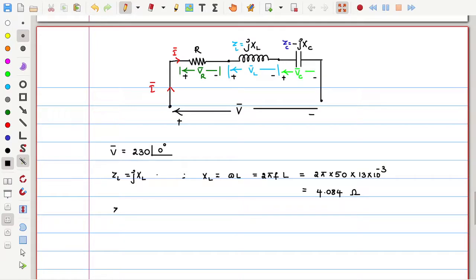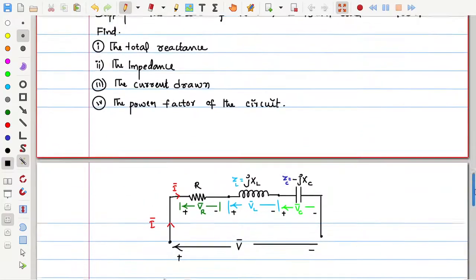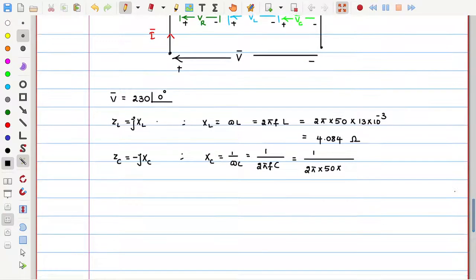Similarly, we will have the capacitive impedance, which is equal to minus jXC, where XC is referred to as the capacitive reactance, which is equal to 1 by omega C, and omega means 2 pi f. C is already there. Now substitute these values: 1 by 2 pi into 50 into C. How much is the C value? 140 microfarad. 140 micro means into 10 power minus 6.